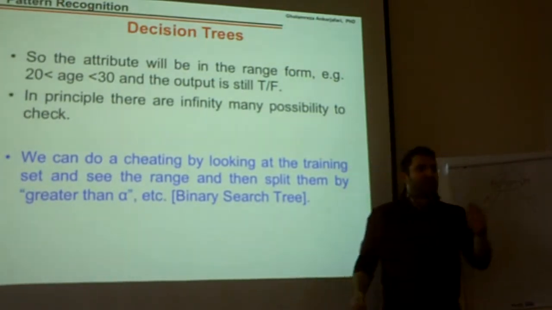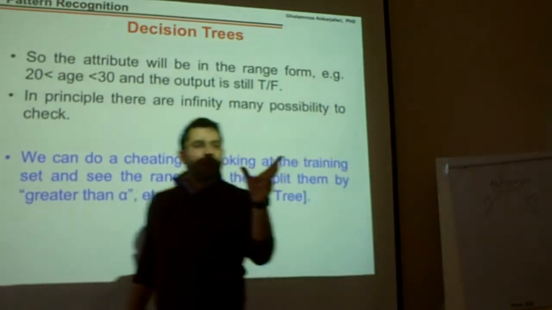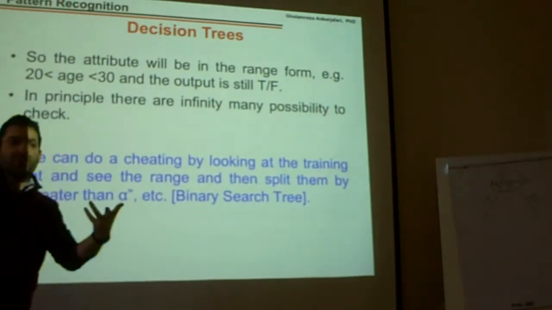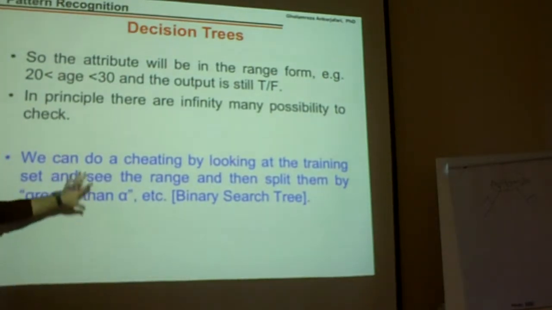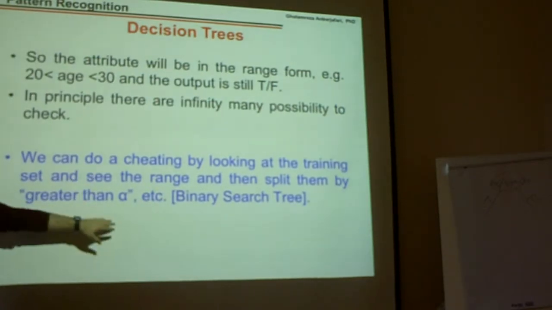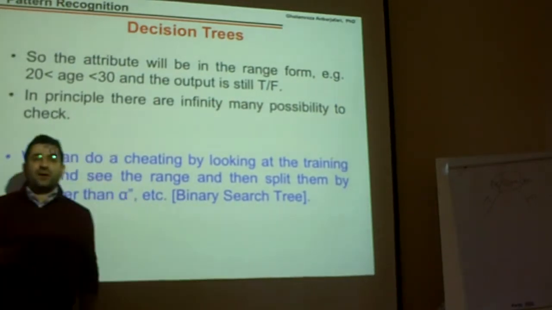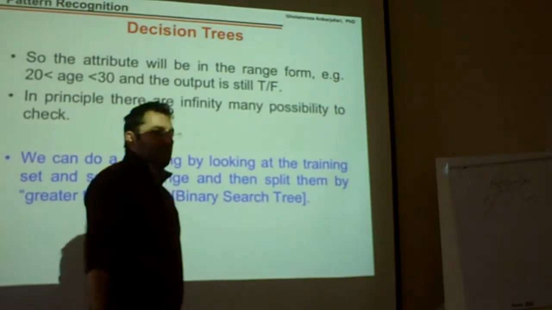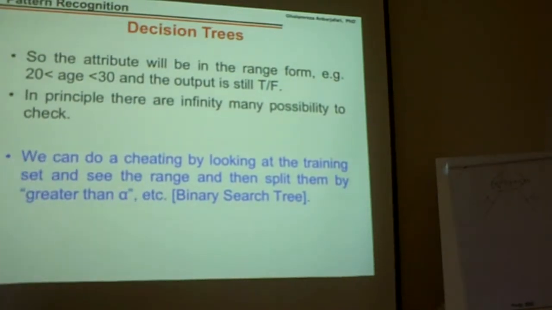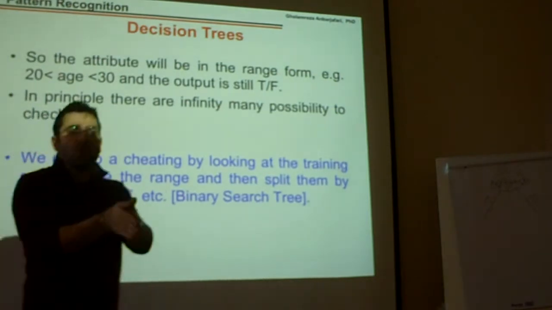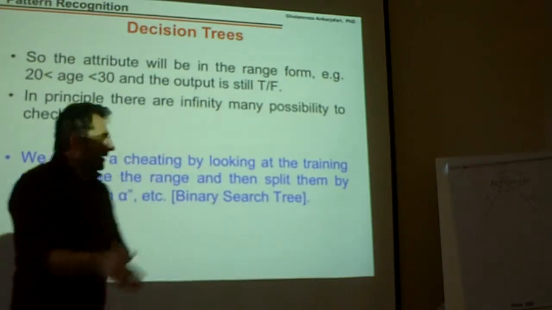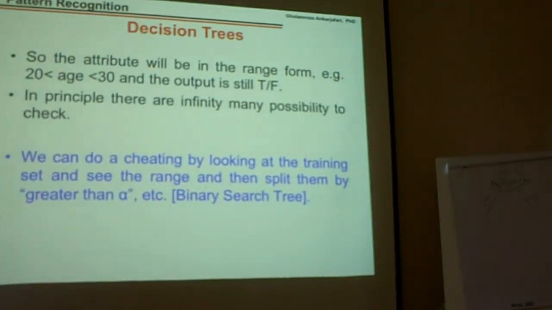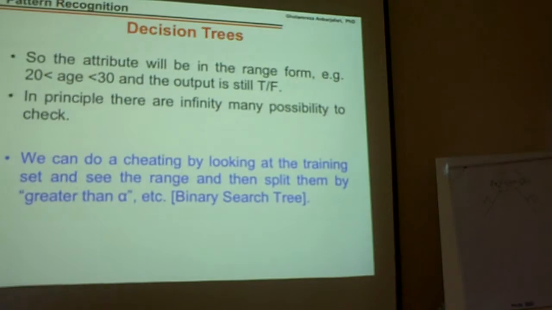Actually, this type of cheating is good cheating, because if you remember, we used to do this when we wanted to do the data representation. The most famous algorithm that uses this type of question is the BST. You remember the binary search trees in algorithms and data structures? It checks at each node if you are above this value or below this value, and accordingly it goes, like dictionaries. The issue here is that the data should be sorted.